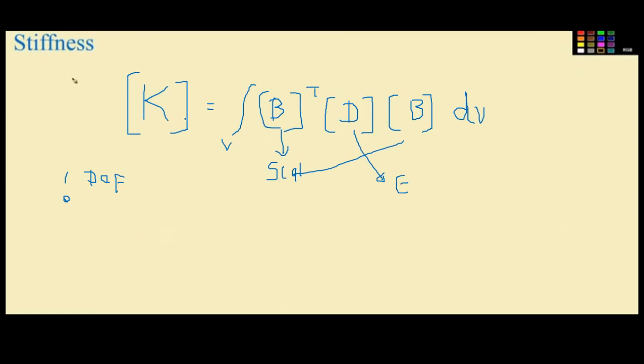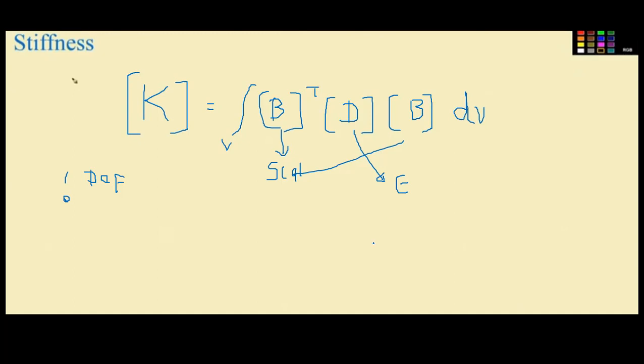For a 2D case, or 2 degrees of freedom, let's say, you will have a 2 by 2 matrix, and then the matrix will come into play, right? If degrees of freedom is 4, this will be a 4 by 4 matrix. So then things are getting complex, right?